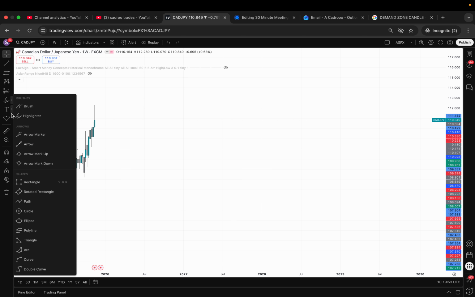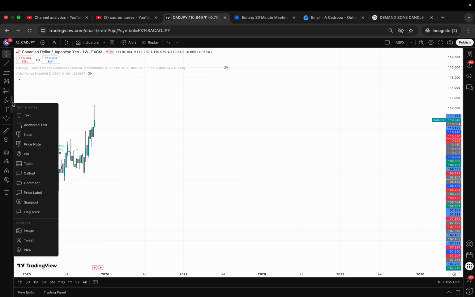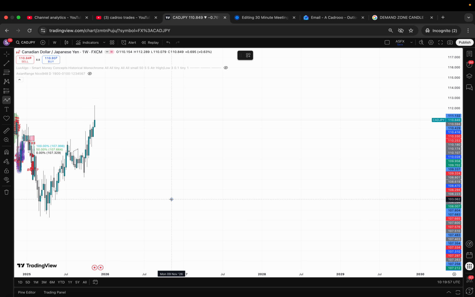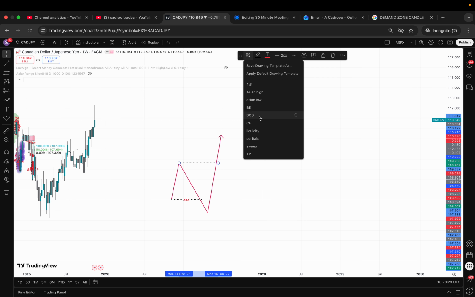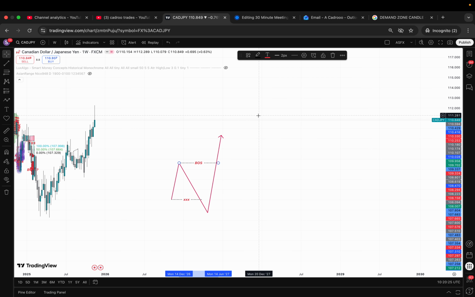So when price takes out this low and breaks structure, this is our sweep of liquidity, and this is the break of structure.